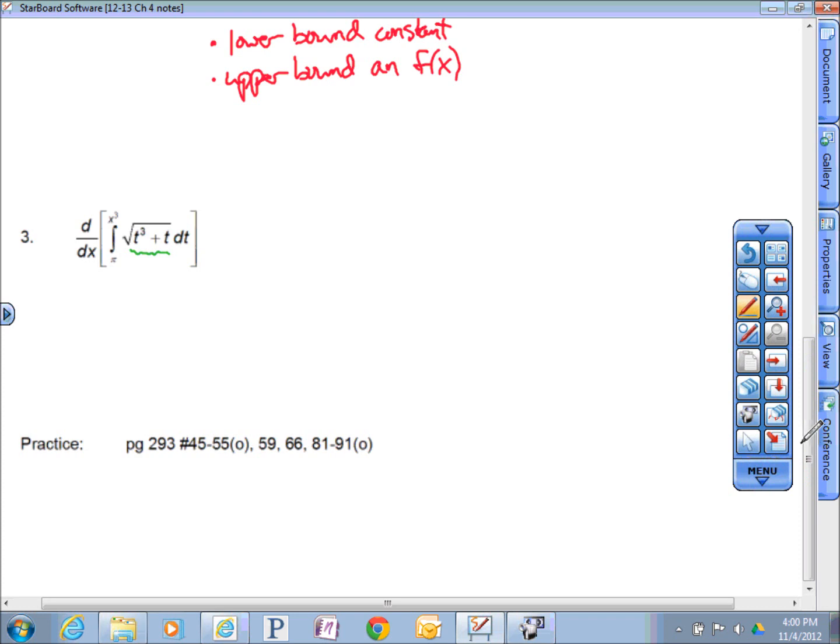So I'm going to take this x cubed. I'm going to go to my original function, which is the square root of something cubed plus something, and everywhere I see that something, I'm going to put in x cubed. And I'm going to multiply this by the derivative of x cubed, which is 3x squared.